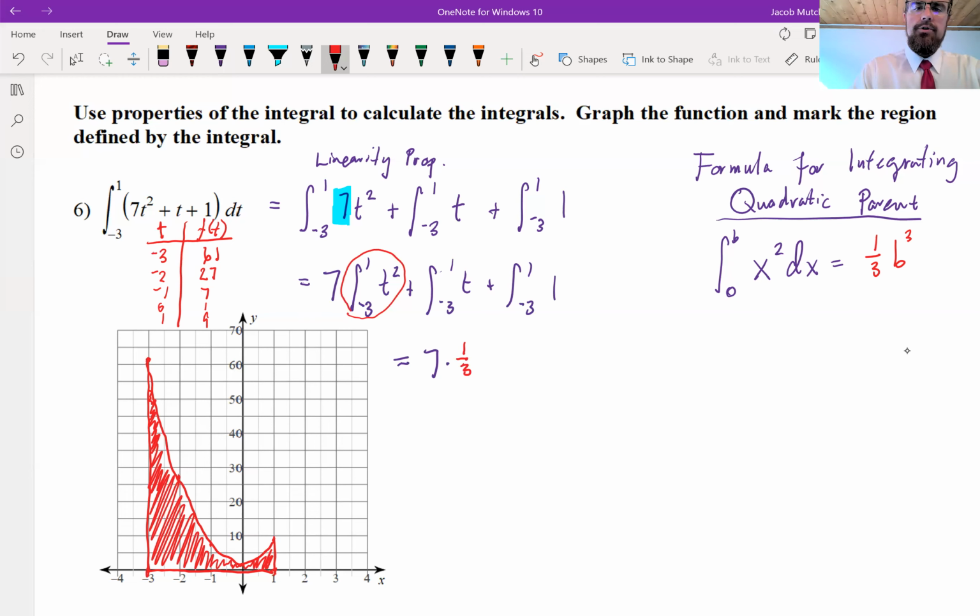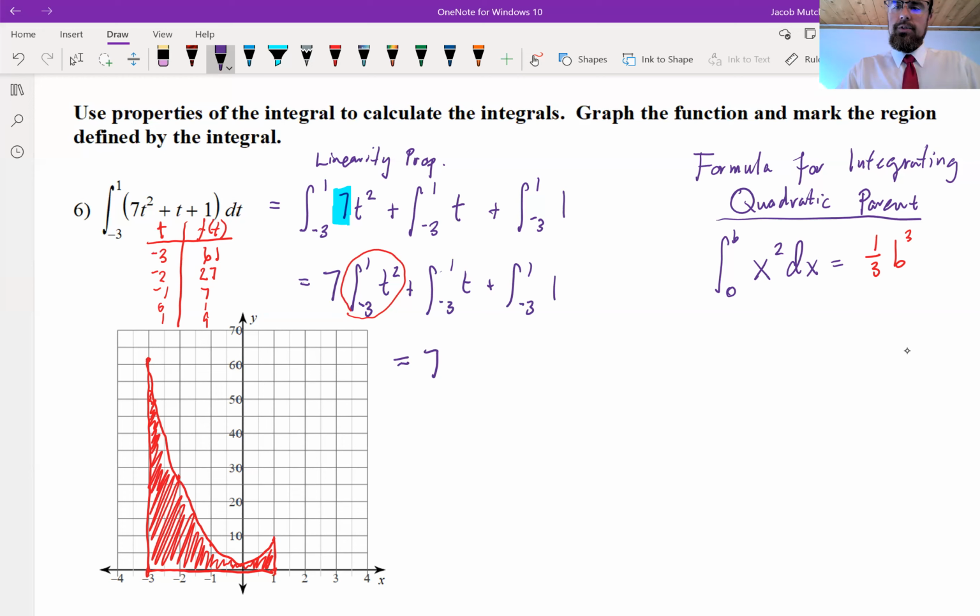Now I have an issue here. Notice that I'm not starting from 0. So I need to do a couple things before I can zoom through this integration and really pick up a second property. And really I need 2 properties here.